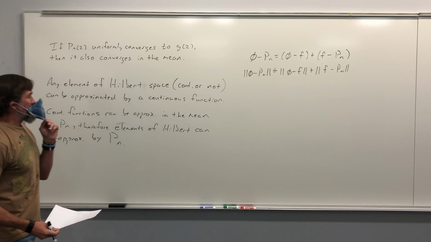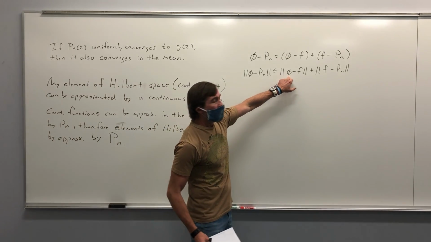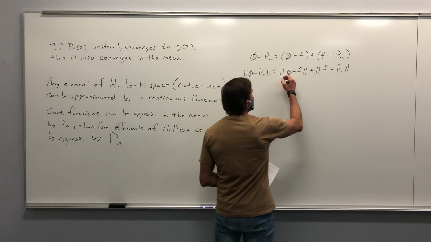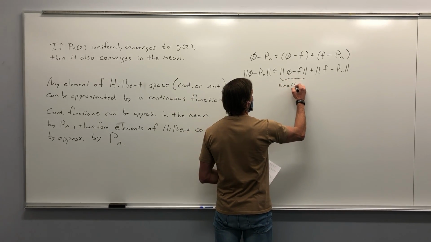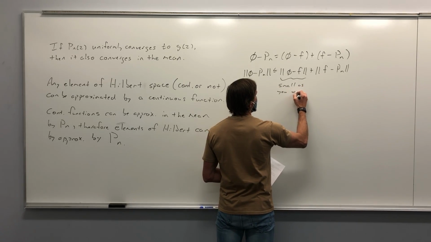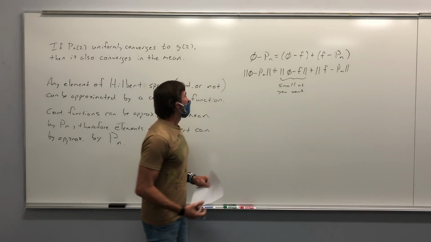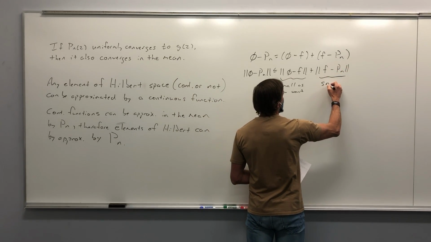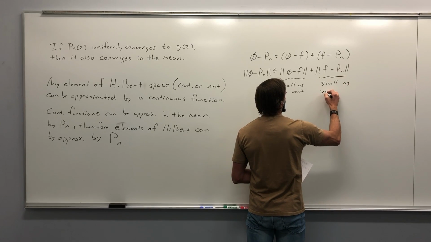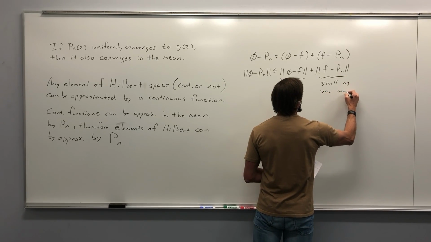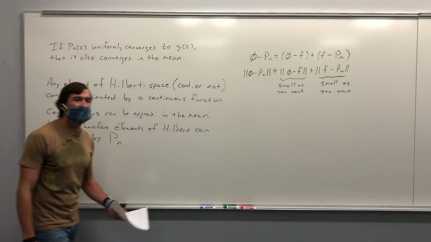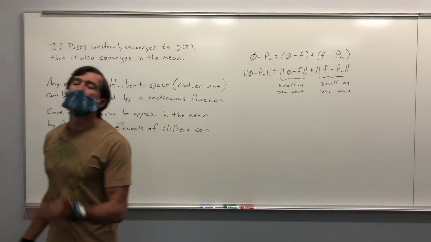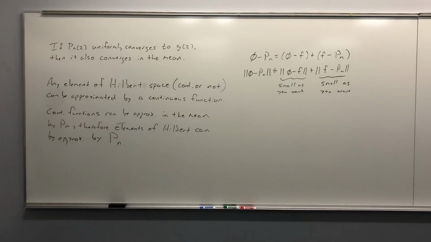The statement that phi, the function in Hilbert space, can be approximated by f is basically the statement that the first term can be as small as you want. That's what an approximation does. But the statement due to Weierstrass that any continuous function can be approximated by a polynomial means the second term can be as small as you want, which of course means their sum can be as small as you want. Therefore, the functions in Hilbert space, whether they're continuous or not, can be approximated by polynomials.